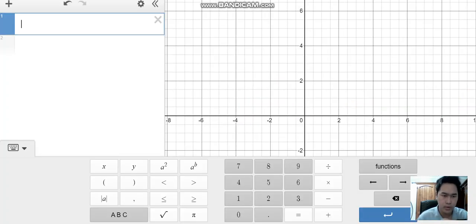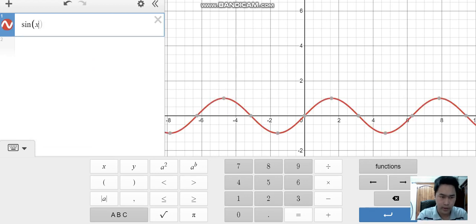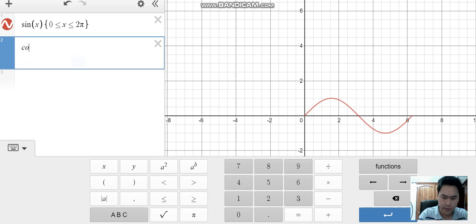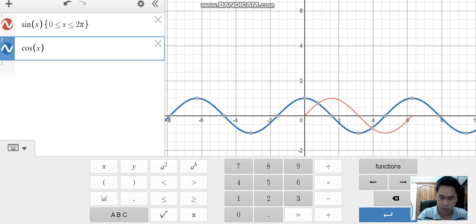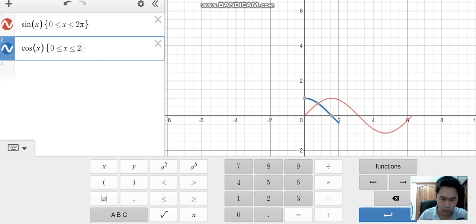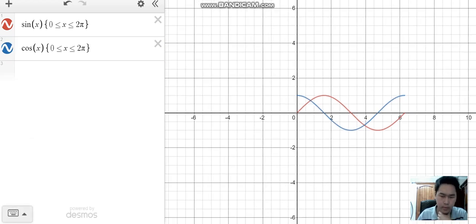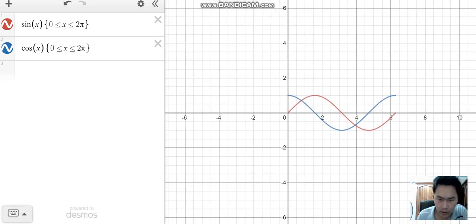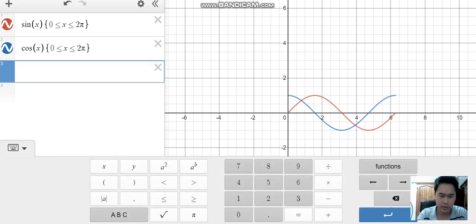What you do is write sine of x for a given period, 0 to 2 pi for simplicity's sake, and cos of x, 0 to 2 pi. You look at the coordinates of each of the graphs. For example, here, sine is 0, cos is 1, and you literally just add these values up together.